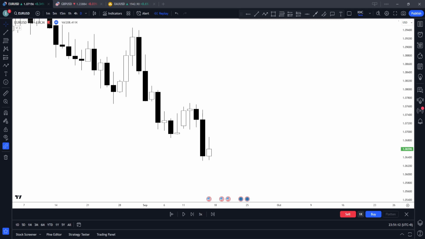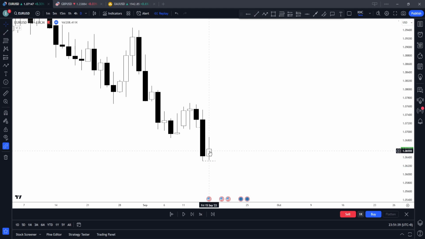We are now looking at the daily time frame of EUR/USD. A quick recap on how we get our daily bias: looking at this candle, the next candle closes below the previous daily low, so on the next day we are expecting the previous day low to be taken out.